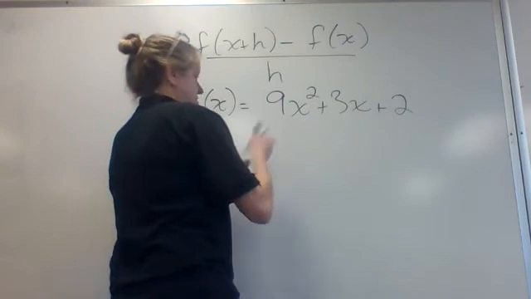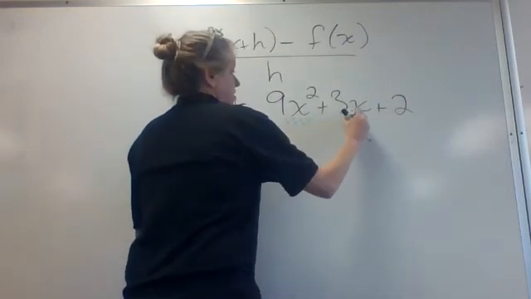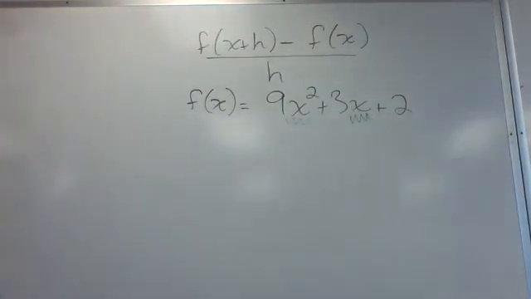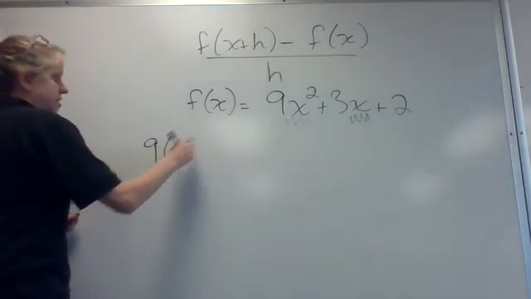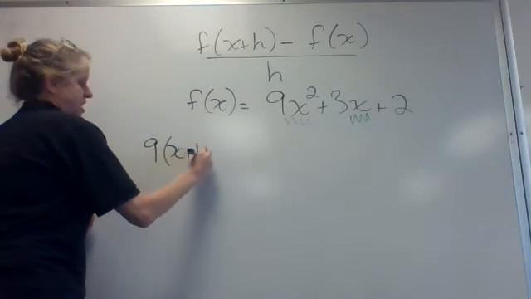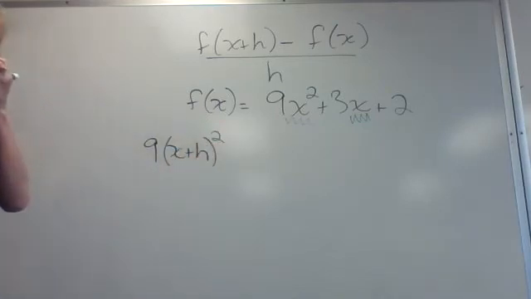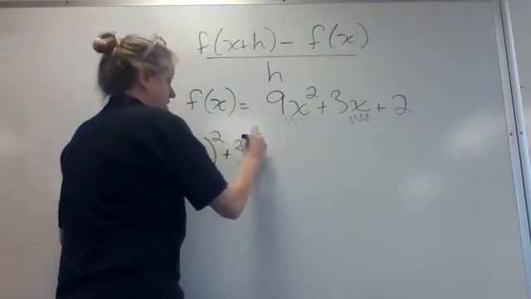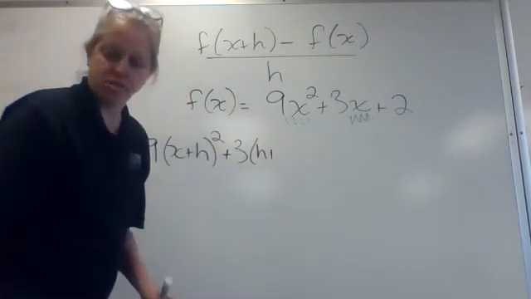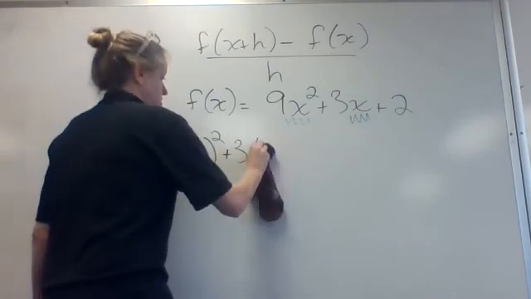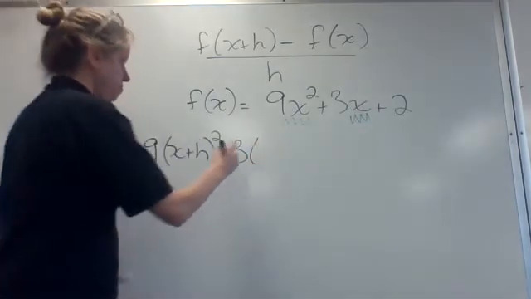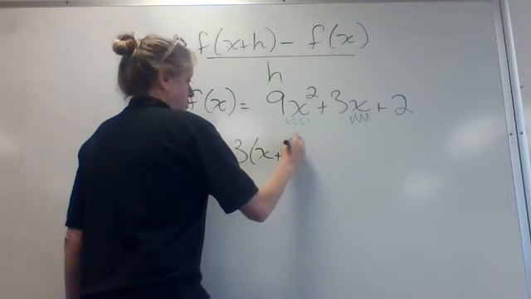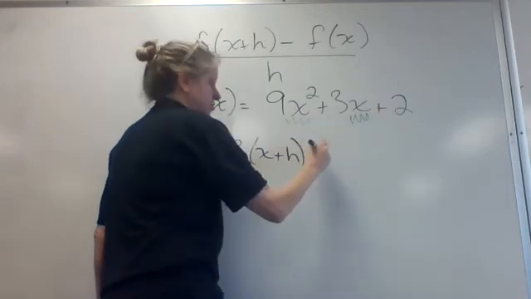I'm going to rewrite the function and replace those x's with x plus h's. So I have 9, replace the x with x plus h squared, plus 3, replace that x with x plus h, plus 2.